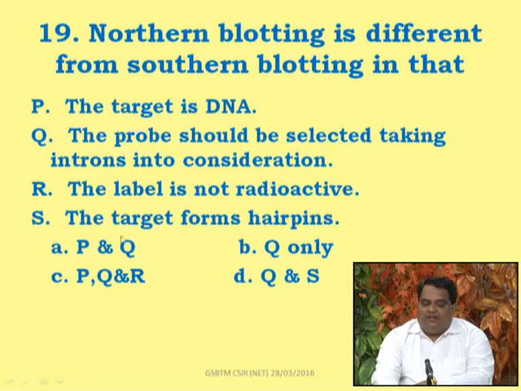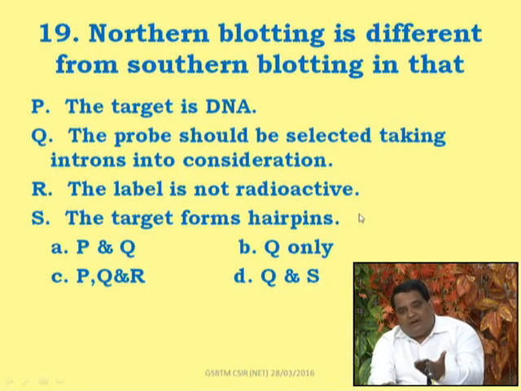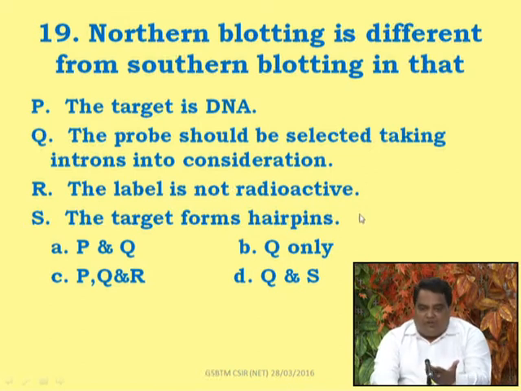This is not a consideration. No, the label may be radioactive, like we can prepare riboprobes through in vitro transcription. The target forms hairpins. Of course, messenger RNA sometimes forms hairpins. So if we look at the process of Northern blotting, then these two are right.